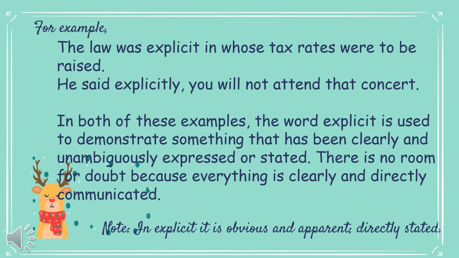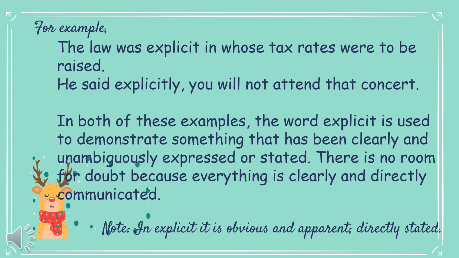For example, class, the law was explicit in whose tax rates were to be raised. Another sentence is, he said explicitly, you will not attend that concert. Here, in both examples, the word explicit is used to demonstrate something that has been clearly and unambiguously expressed or stated.